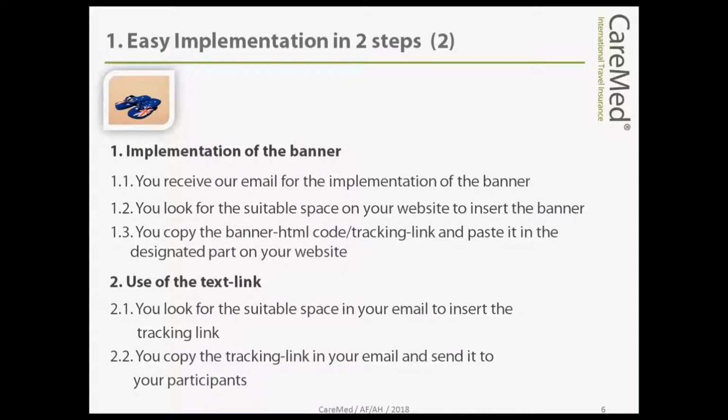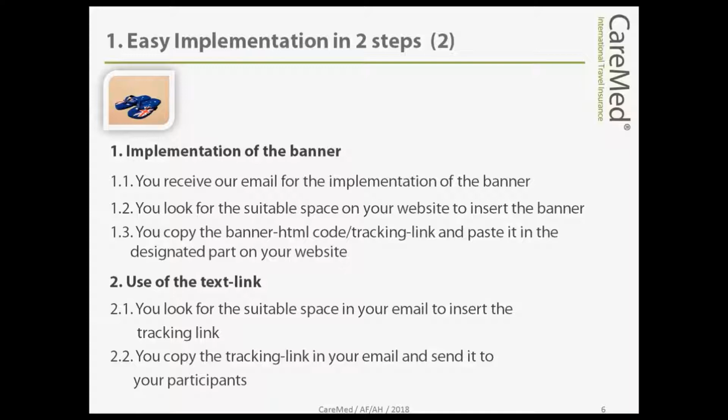So there are two implementations. First, the implementation of the banner. You receive all information in order to implement the banner on your website by email. You look for a suitable space on your website where you think the banner fits well, and then you simply copy the HTML code into the designated part of your website code.